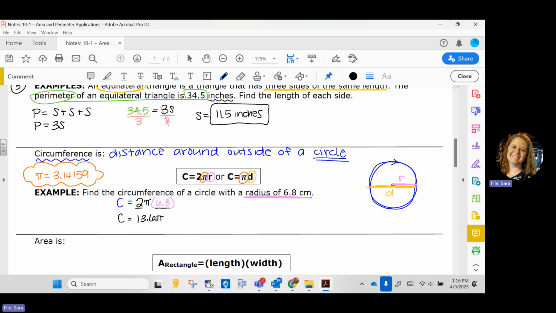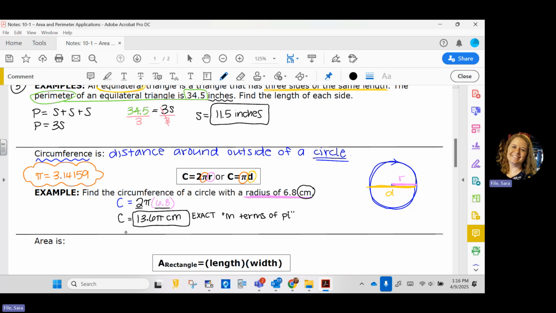This is your circumference. Now they did give us units, centimeters. This is the exact value. Okay, this is what they mean when they say in terms of pi. They mean you should have the pi symbol in your answer.